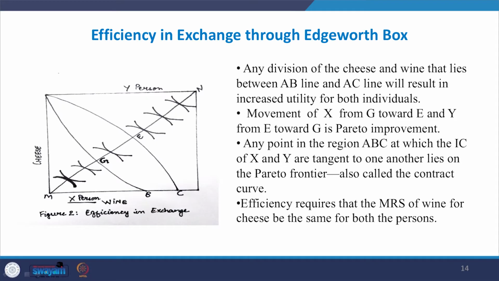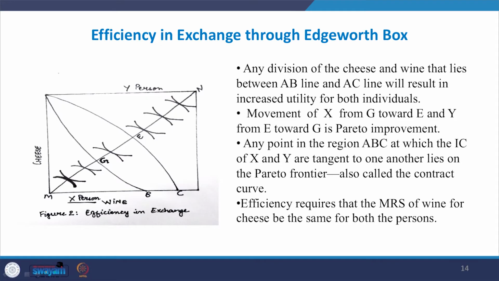Optimization or Pareto optimality will occur on all the indifference curves on the contract curve or Pareto frontier, but the actual exchange will be materialized only in the area A, B, C.